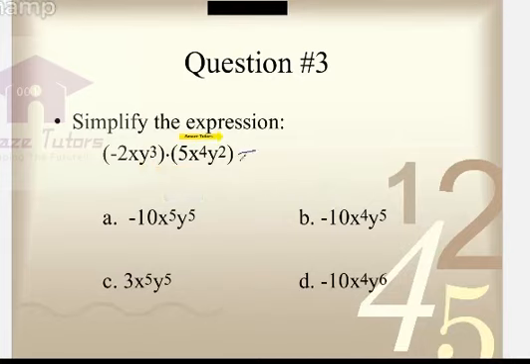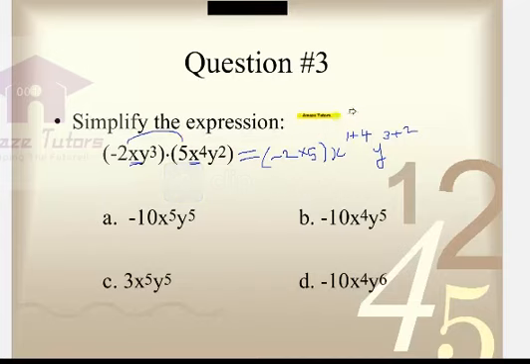Even if you write separate terms, x power 1 times x power 4 in the previous step. Now, add the powers according to the product property. 2 fives are 10. I am multiplying the coefficients. x power 1 plus 4, 5. y power 5.